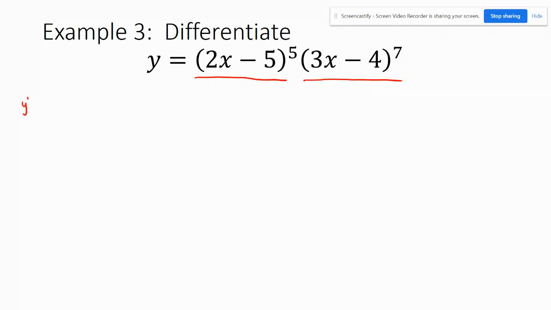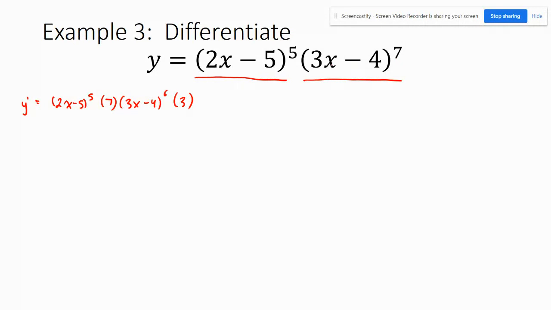Product rule again was first, second prime, plus second, first prime. So when I'm doing this guy over here, I go first, (2x minus 5) to the 5th, second prime. Here's what the second prime is.